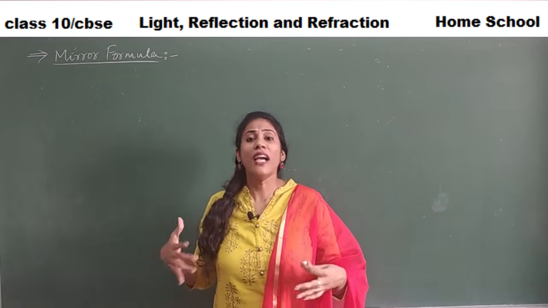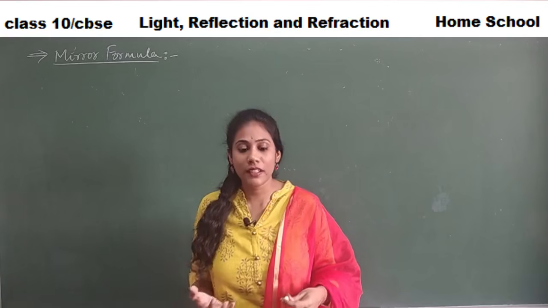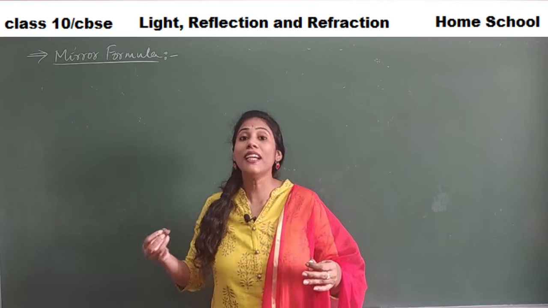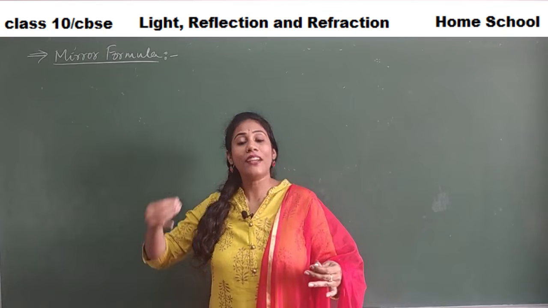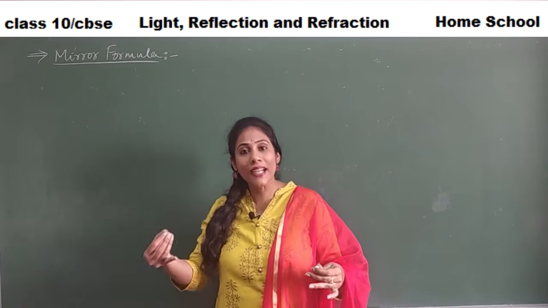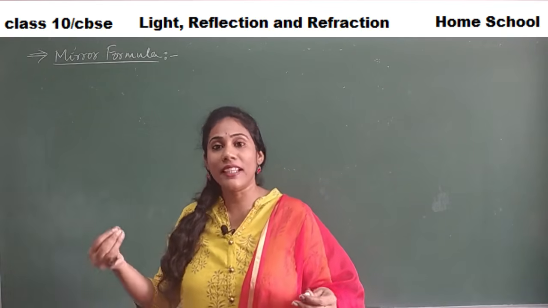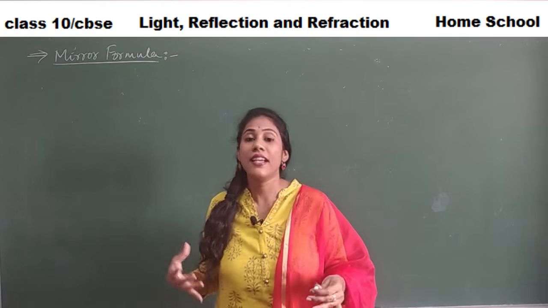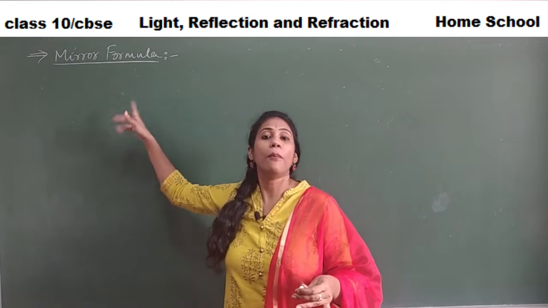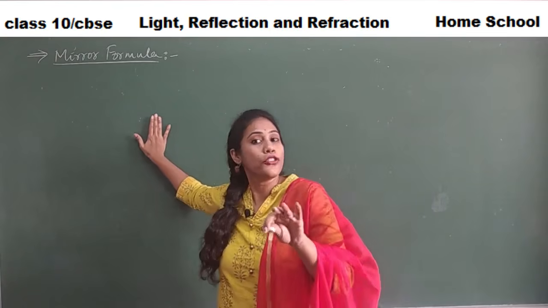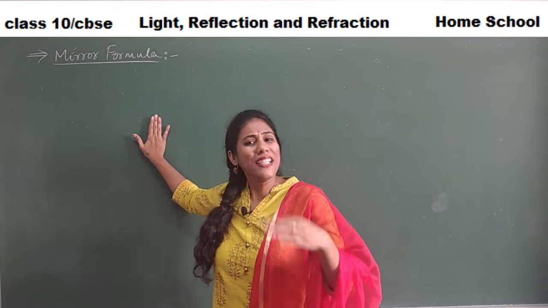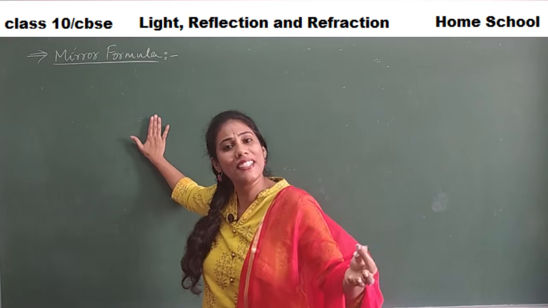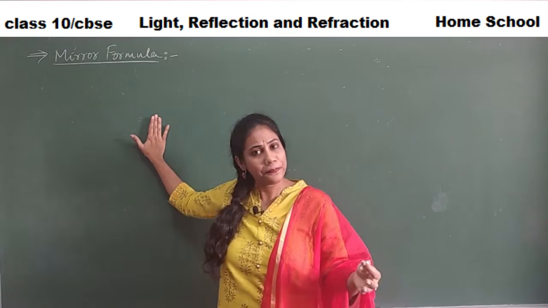What we have to calculate in spherical mirrors is mainly the image distance, exactly a numerical value. Mathematically, if you have to calculate image distance, we take the help of this mirror formula and also the sign conventions. So why do we need to mathematically calculate image distance?